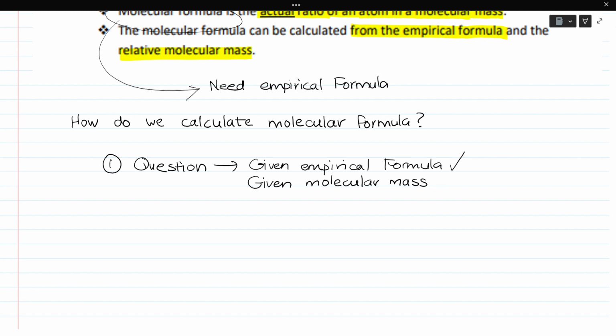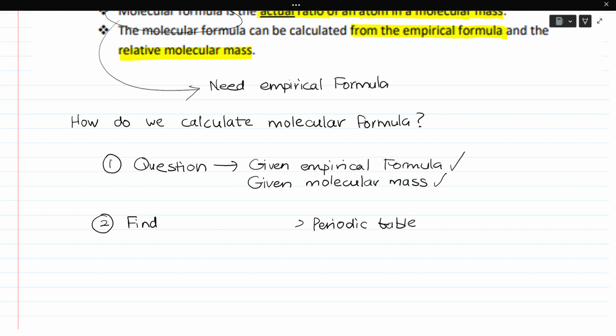So once you have these two things, you can move on to step number 2, which is you are simply going to find your molar mass. What is molar mass? This comes from our periodic table. But this is now a specific molar mass.